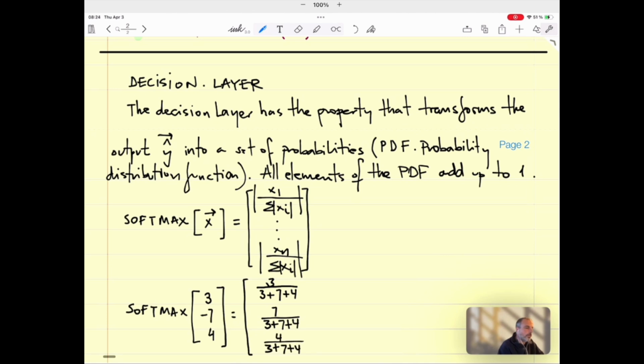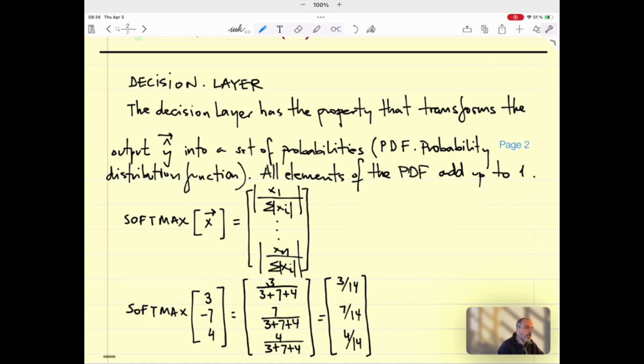So everything is turned out positive. And then we have 3 divided by 14, 7 divided by 14, and 4 divided by 14.